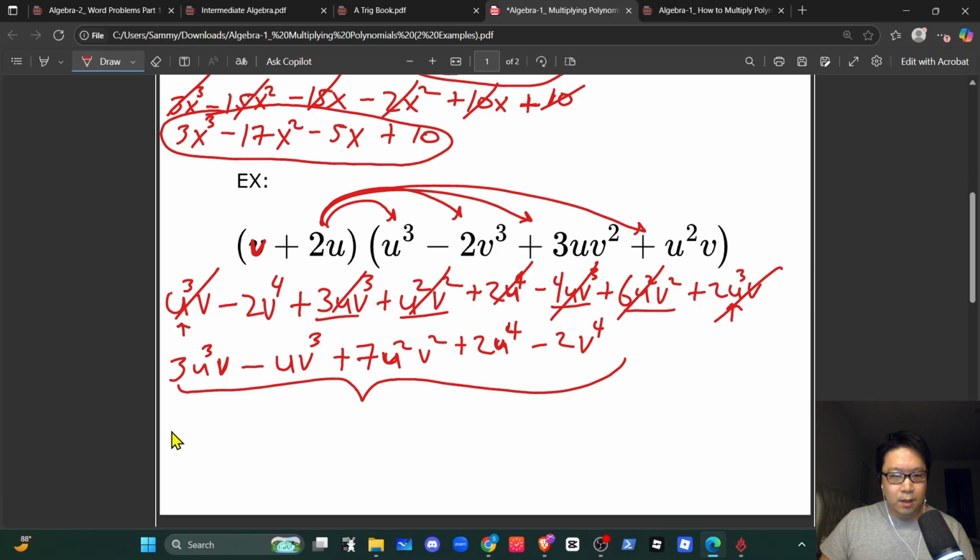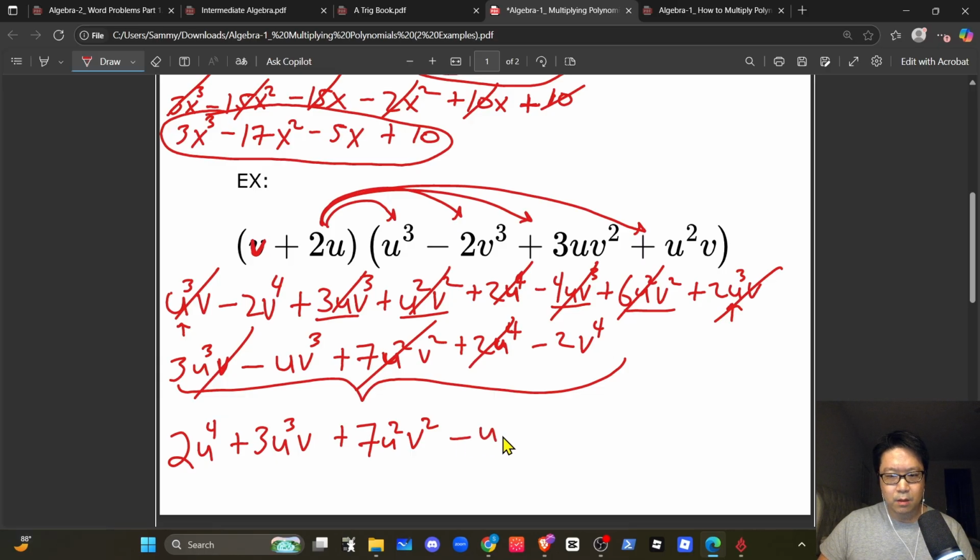So let's see. I have 2u to the fourth. And then positive 3u to the third times v. And then I have this 7u squared v squared. And then the negative uv to the third.